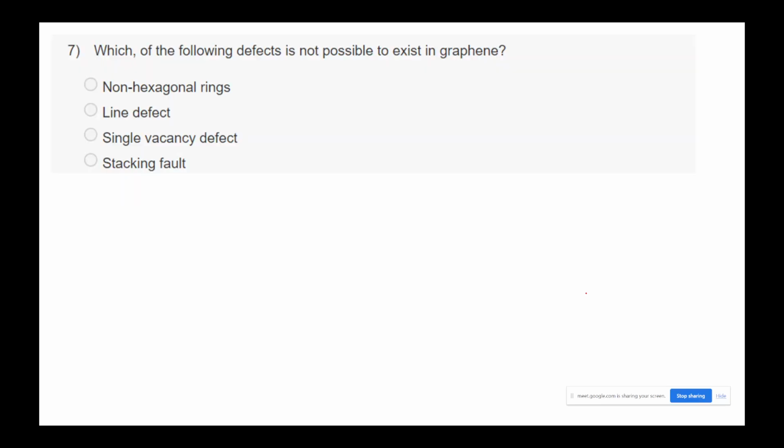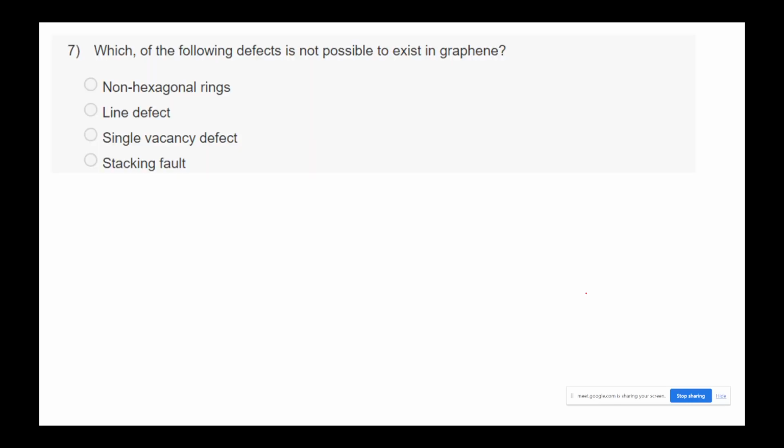So this is additional atoms, add atoms, that is present as a manufacturing defect. Which of the following defects is not possible to exist in graphene? We have seen line defects, single vacancy defects, non-hexagonal rings, and stacking fault. Stacking fault is not possible to exist in graphene.